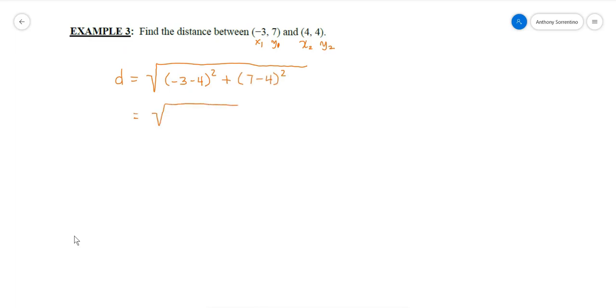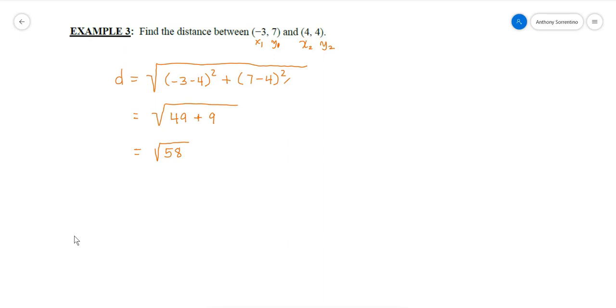Negative 3 minus 4 is a negative 7. Squared, negative 7 gives me 49. And again, some of this could be aided with you on the calculator, which is fine too. 7 minus 4 is 3. Squared is 9. And I get the square root of 58. It's an irrational number. 58 is not a perfect square.